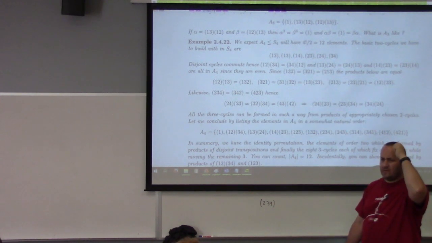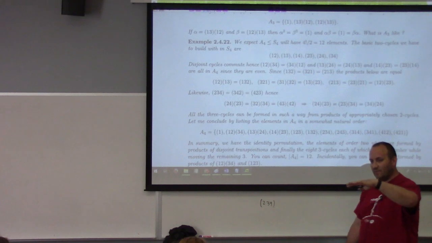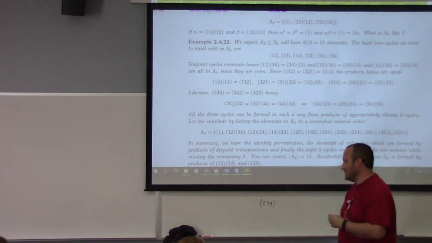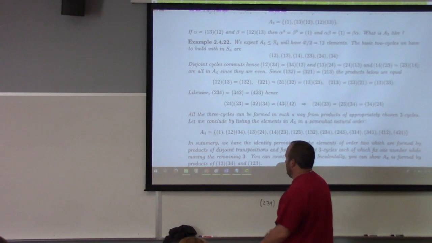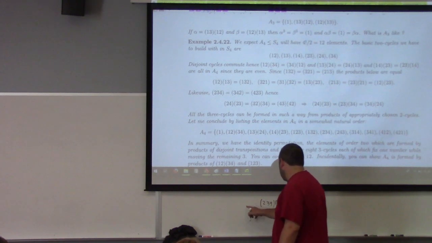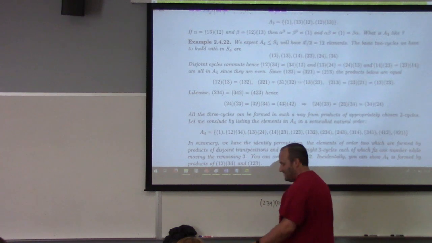Oh, wait a minute, or can I? No, I can't. Our universe is A4, right? So I'm not allowed to conjugate by an S4 thing. So I've got to conjugate by, I guess I could do 1, 2, 3, 4, see what that looks like. What's the inverse of that? I think it's its own inverse, isn't it?